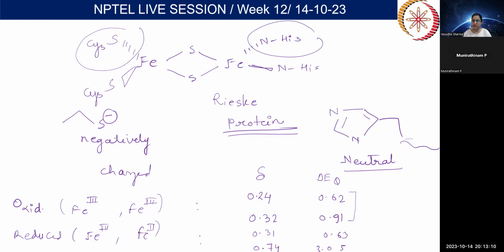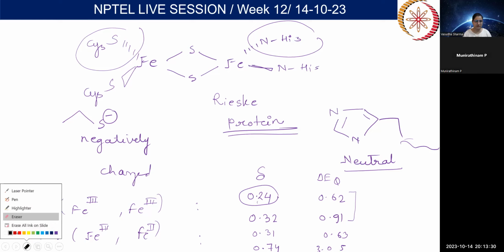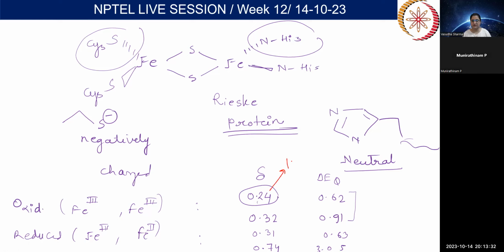So you saw that one is more negative or less positive compared to the other one. So this less positive one belongs to this iron, which is bound with N-histidine, sorry, it's the reverse I'm saying. So this one stands for this iron S4, in this particular case this A1.